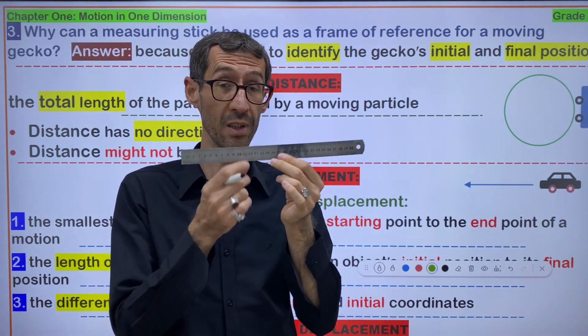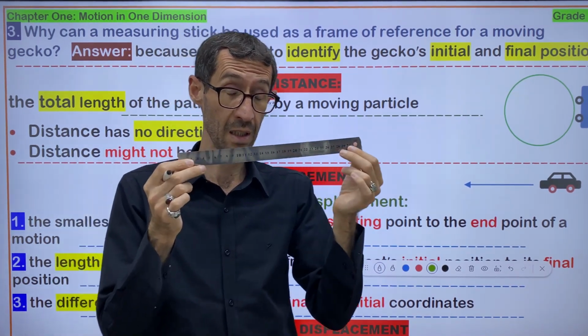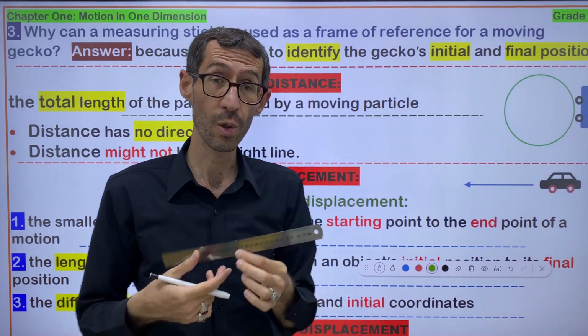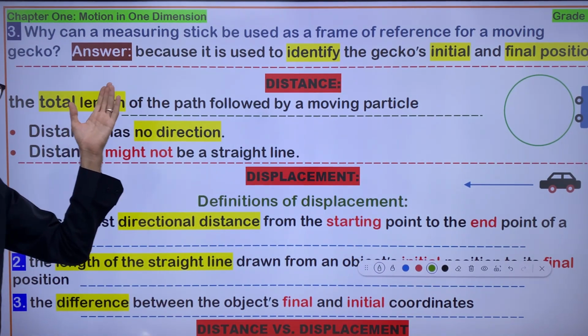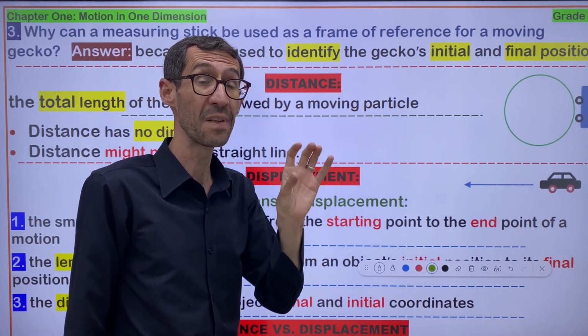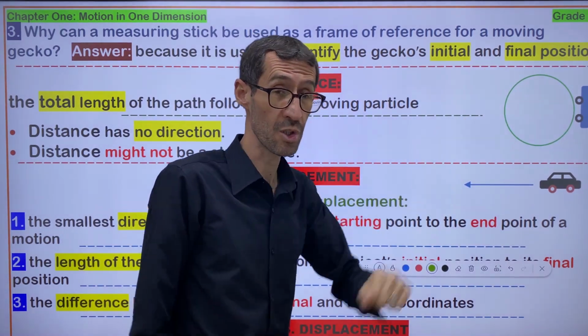Any motion is recorded by the person whenever he or she uses the meter stick or ruler. So a meter stick is a convenient tool for identifying the initial and final position of the gecko.